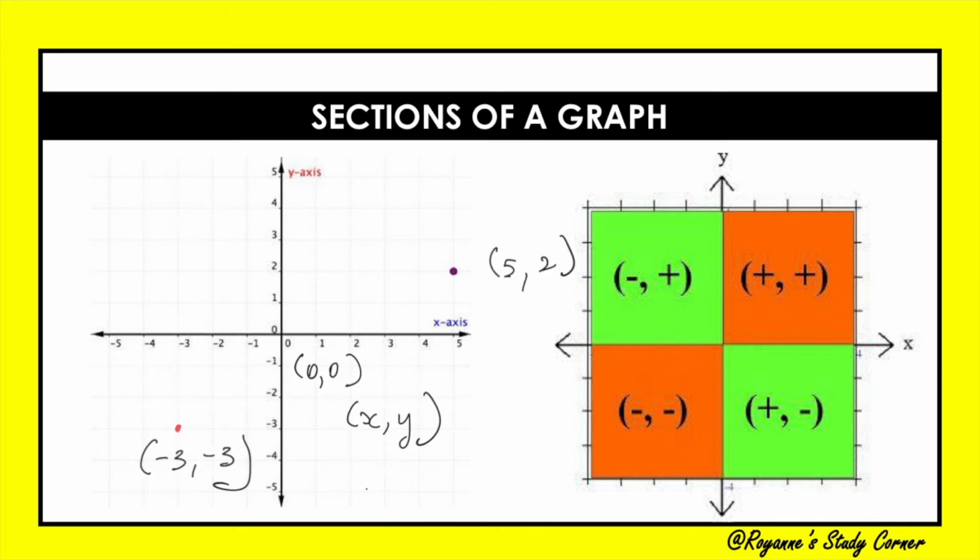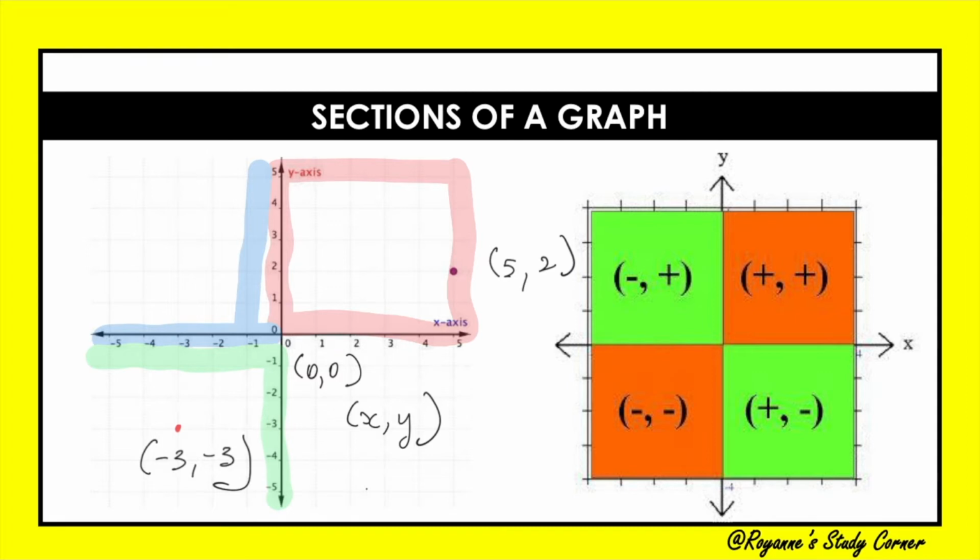Now you'll notice with the general sections of the graph, over here y is positive and x is positive in this region. Then if you look over here, you'll see x is negative and y is positive. If you look over here, you see x is negative and y is also negative.